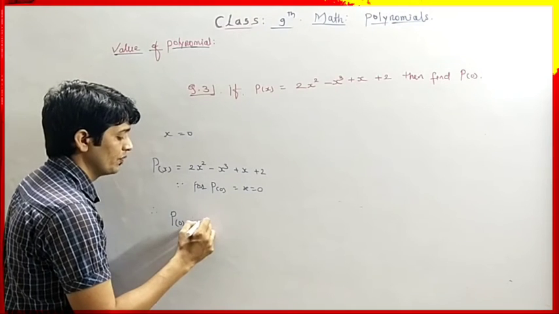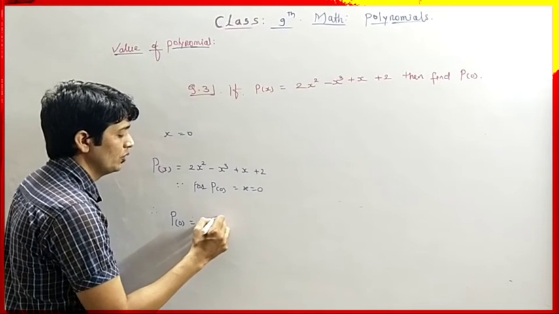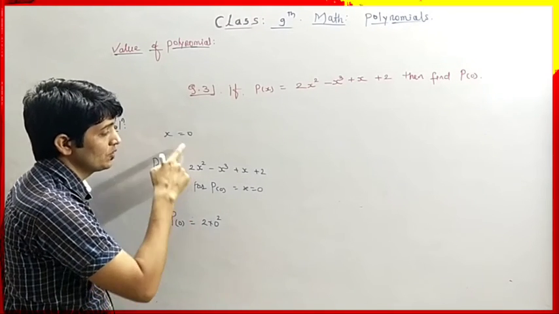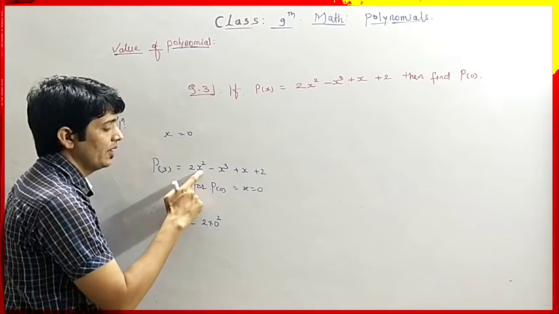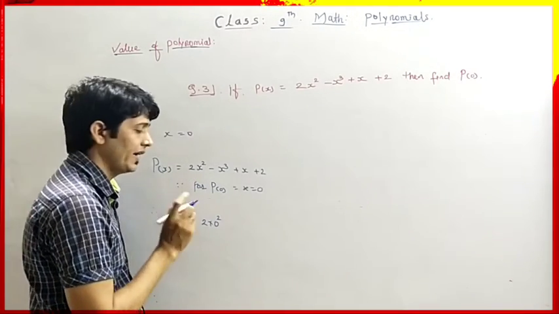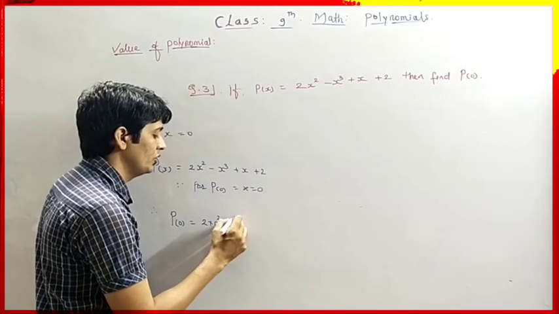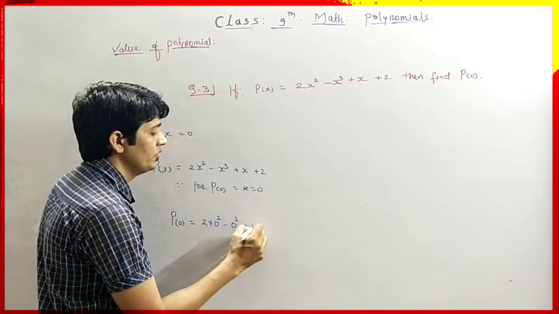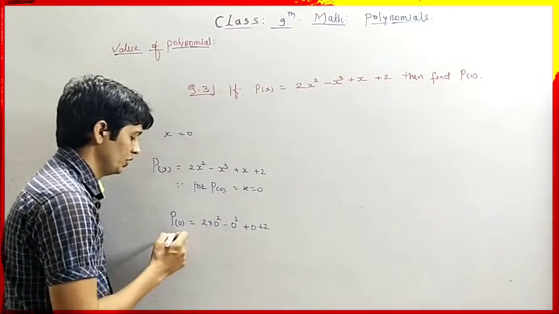So p(0) equals to 2 into 0 square minus 0 cube plus 0 plus 2.